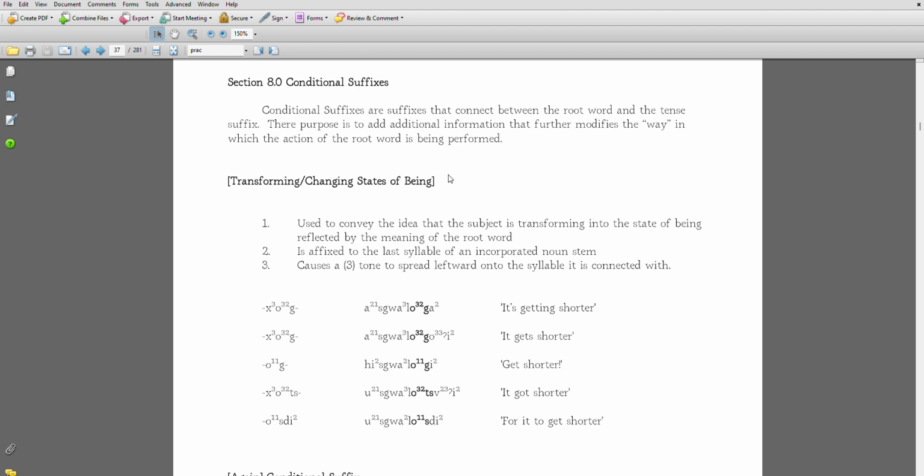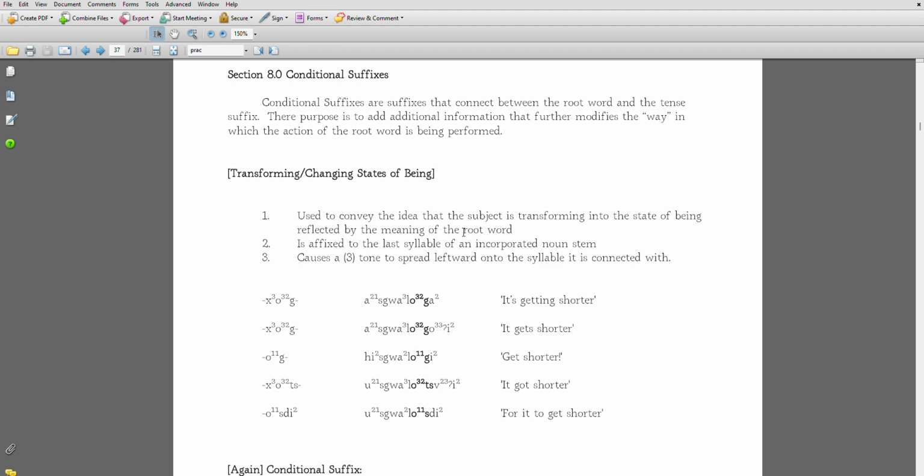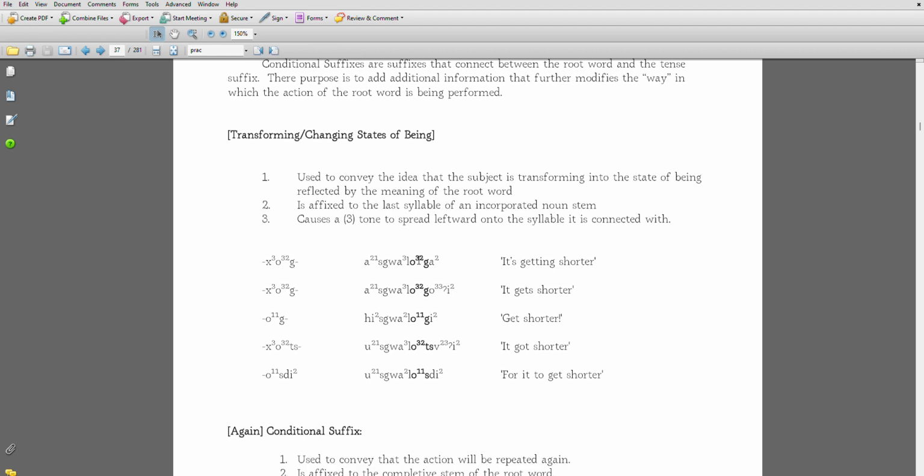And 3 causes a 3-tone to spread leftward onto the syllable it is connected with. So here you can see that this 3-2 falling, the second 3 went over to the left onto the previous vowel. That's what I mean by spread leftward. The bolded portions here are your transformative suffix that is connected to the root.